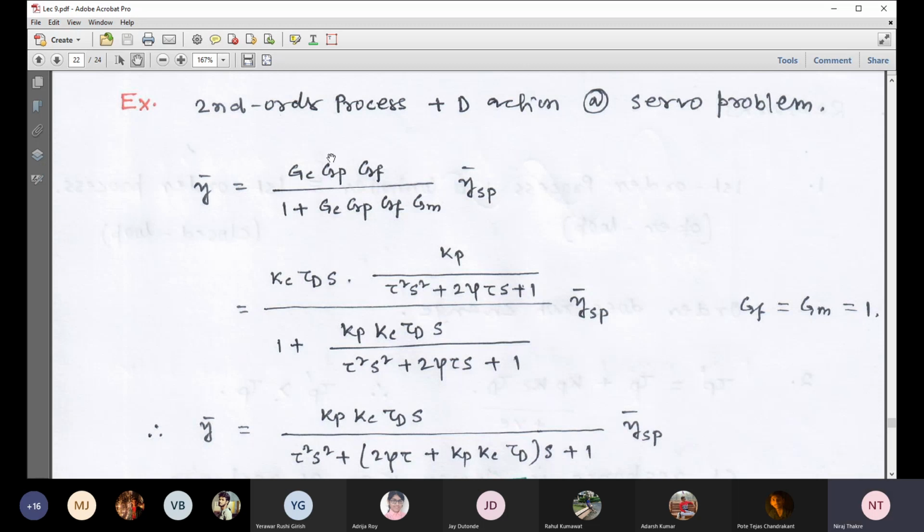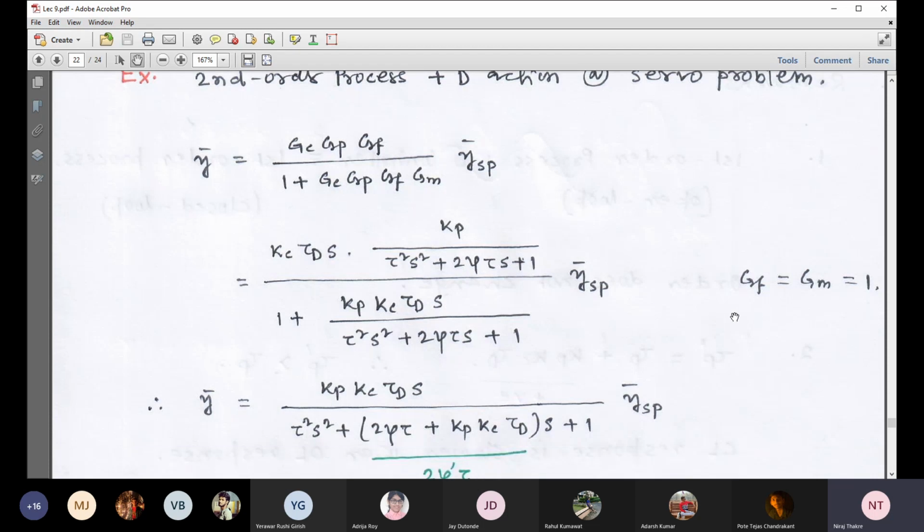The first equation is CLTF, closed loop transfer function. We then substituted all individual 4 transfer functions with GF, GM equal to 1.